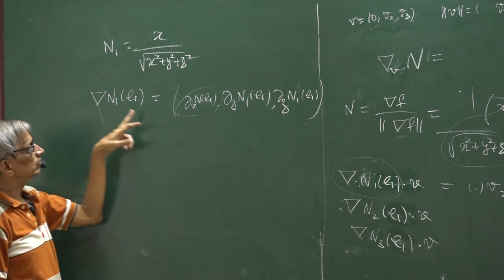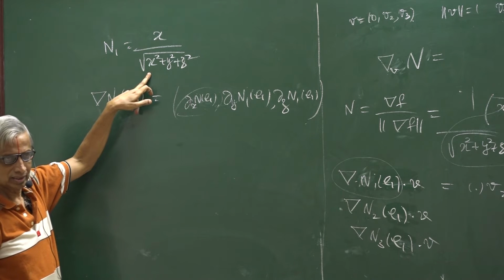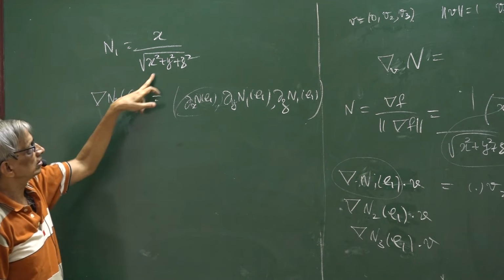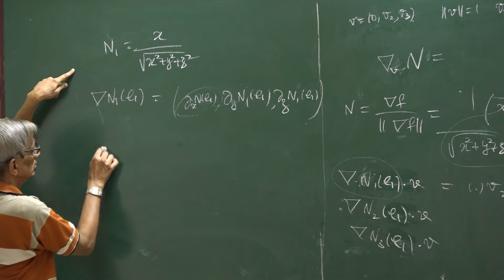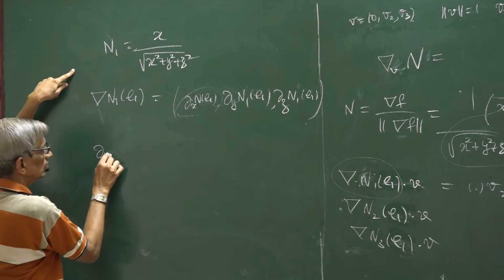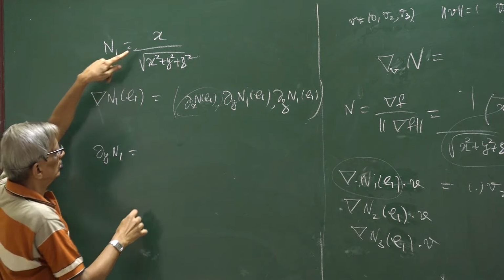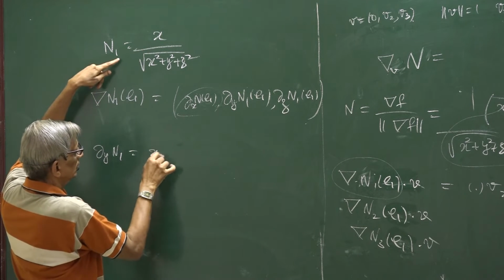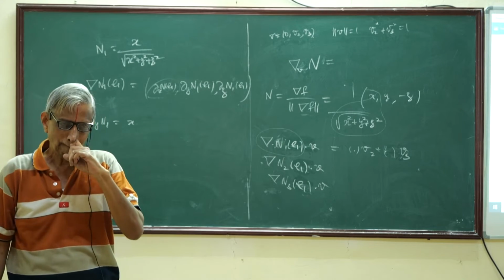at e1. So when you want to differentiate with respect to y, there is only one differentiation you have to do, right? So x into 1 over the square root of this is what you have to differentiate.